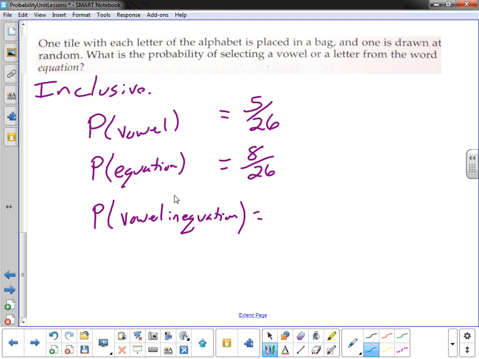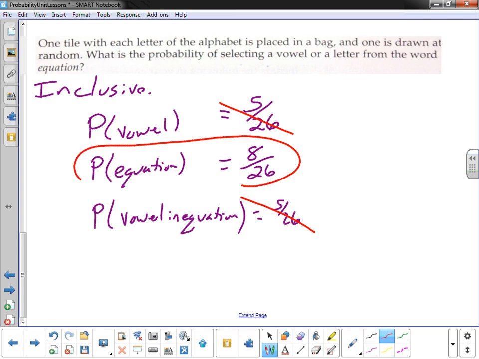Now, how many vowels are in the word equation? I've got an A, an E, an I, an O, and a U. I've got 5 out of the 26. Because all of the vowels are in the word equation, in essence I can eliminate both of these when I do this group here. So our answer is 4 out of 13.